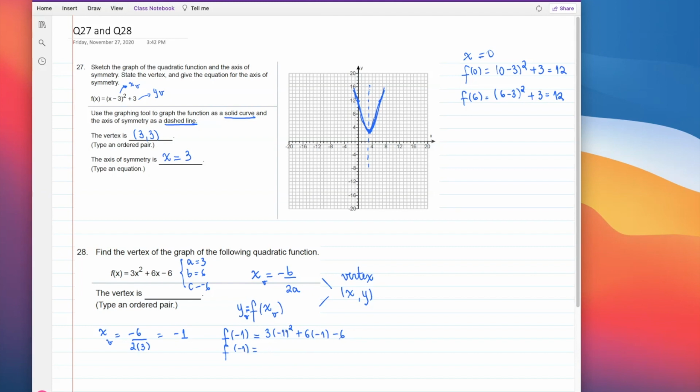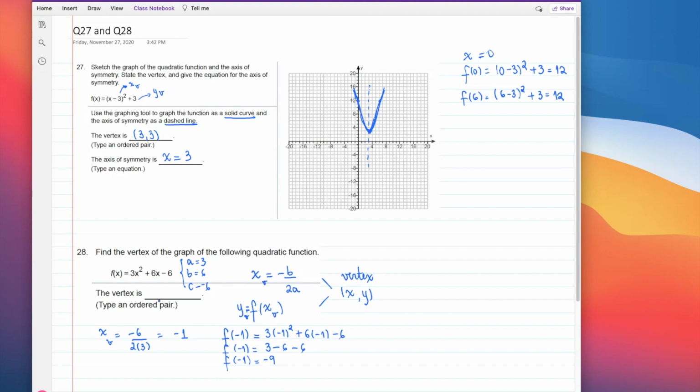Here becomes positive and then becomes 3. Here becomes negative and then it's negative 6. And here another negative 6. Then the value of the function when the x of the vertex is negative 1 is the number negative 9.